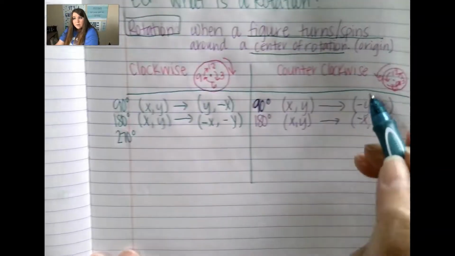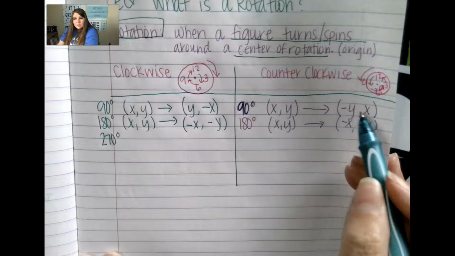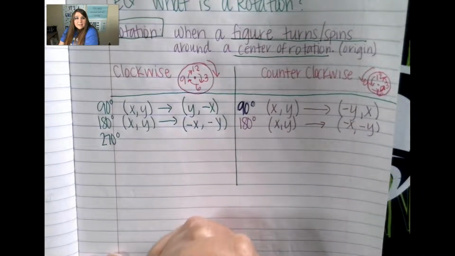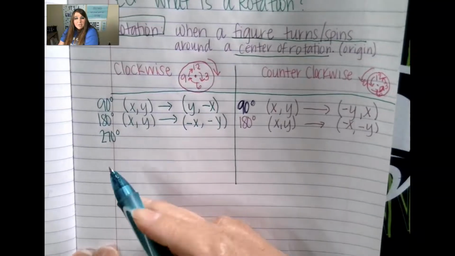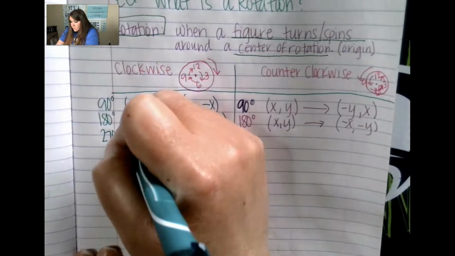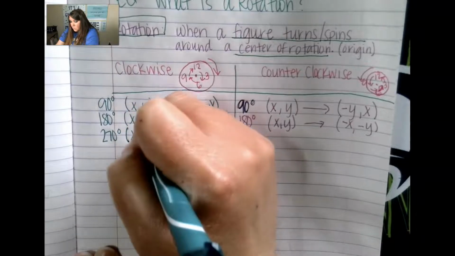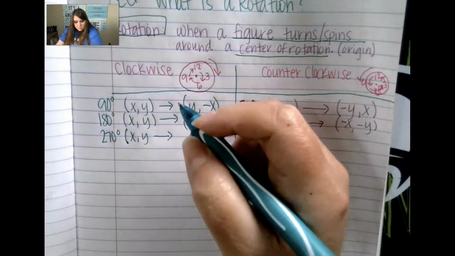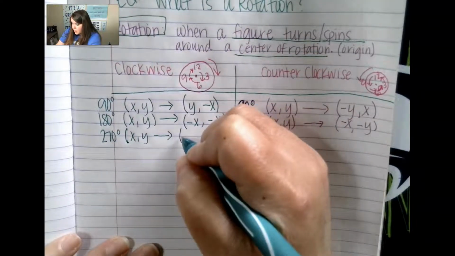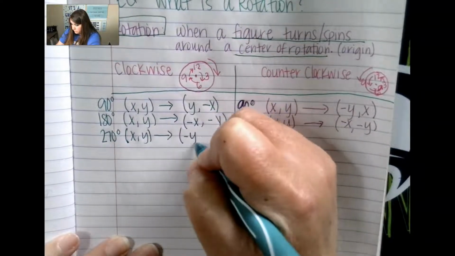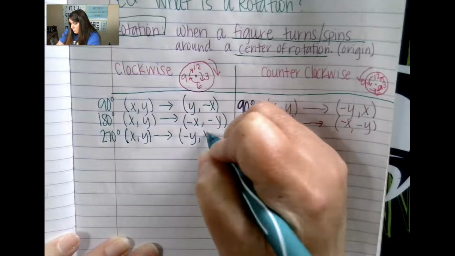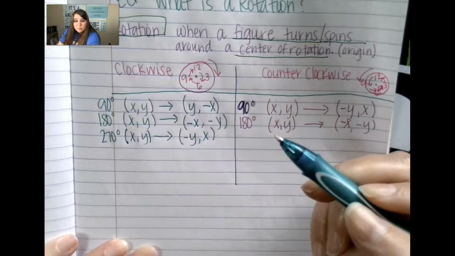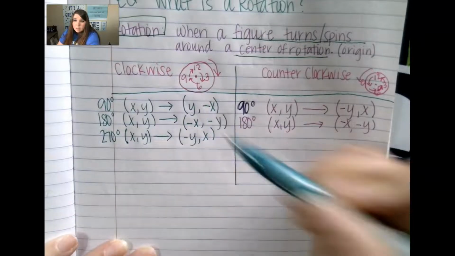Well, over here, when I was at the 9, it was negative y, x, which is exactly the same thing because you're the opposite. So if I start with x, y again, my new values are going to be the opposite y value and the regular x value, opposite of where you were at 3 o'clock, 9 o'clock, 3 o'clock.